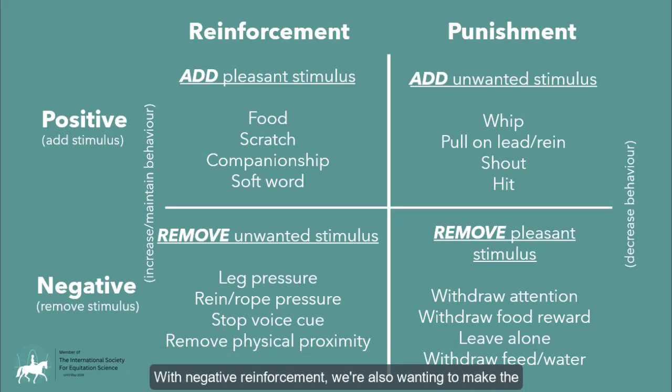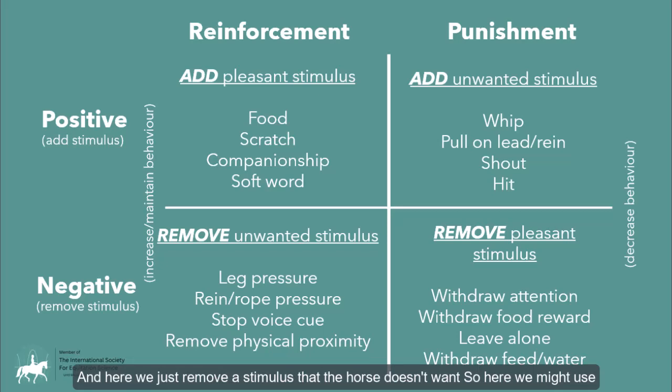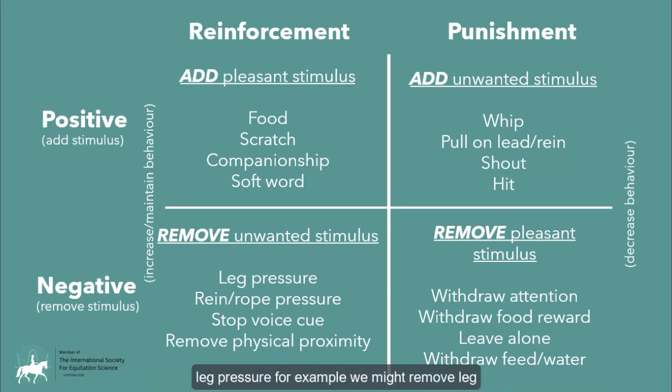And negative reinforcement, we're also wanting to make the behavior more likely to occur in the future. And here we just remove a stimulus that the horse doesn't want. So here we might use leg pressure, for example. We might remove leg pressure when the horse does what we've asked of the horse. We might remove lead rope pressure when the horse walks forward.